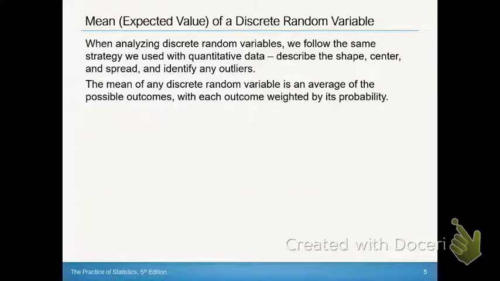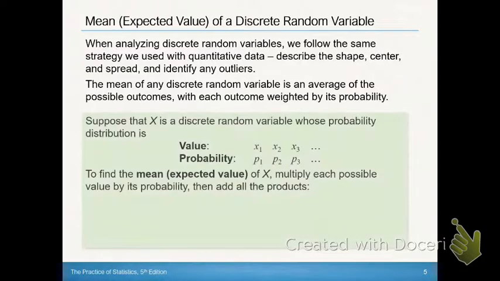Now, earlier in the year, we studied distributions, and we described them with 4 sentences: shape, center, variability, and outliers. We're going to do that same thing with random variables, both discrete and continuous. And for the center piece, we're talking about mean, but we're also going to start using the word expected value, which is just another word for mean.